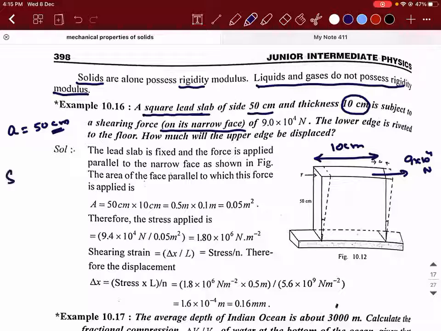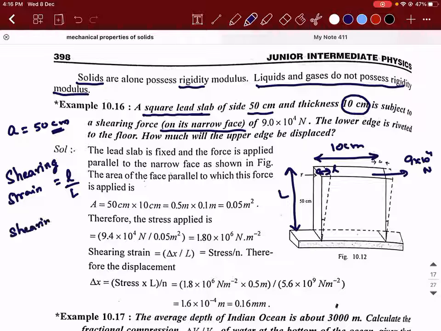So we know that shearing strain is equal to this distance small l divided by this distance capital L. And what is the shearing stress it is undergoing? It is the force divided by area.